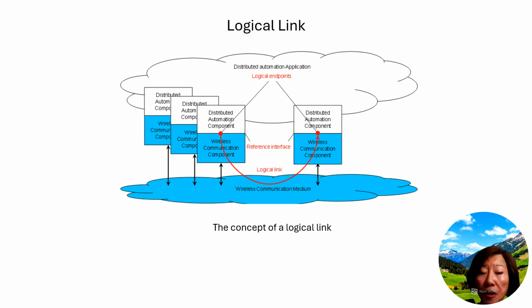The primary function of the logical link is to transmit a sequence of messages from the logical source endpoint to the correct logical target endpoint. This is achieved by transforming each message into a form that ensures error-free transmission. The transmission process may involve various procedures such as repetitions to fulfill this function.